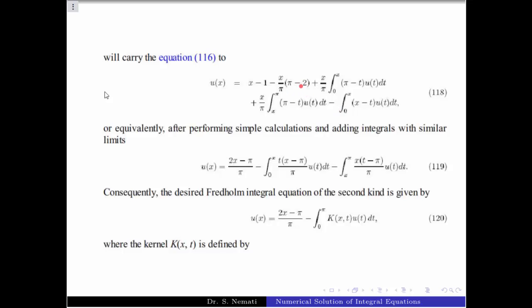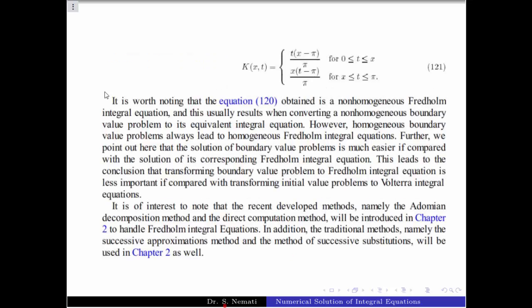After performing some simple calculations and adding integrals with similar limits, we obtain u of x equals the right hand side of this expression, or equivalently we can write u of x equals 2x minus pi over pi minus the integral of k u from 0 to pi, where the kernel k is given using equation number 119 as this expression.